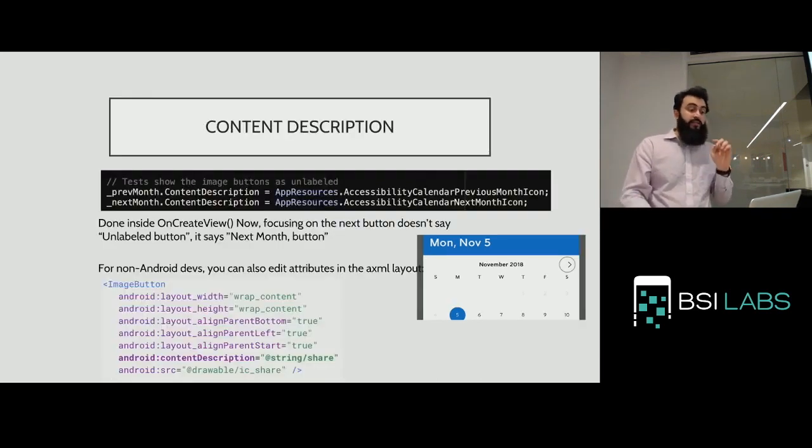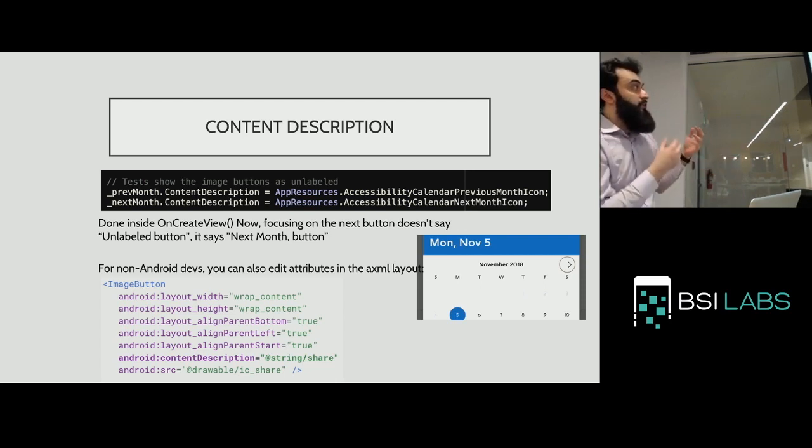And then content description. This is really good for you guys to implement. It's something that's simple to do and makes a ton of difference. The right arrow over there had no content description. It would just say IC underscore cone or something like that, and the same for the left arrow.